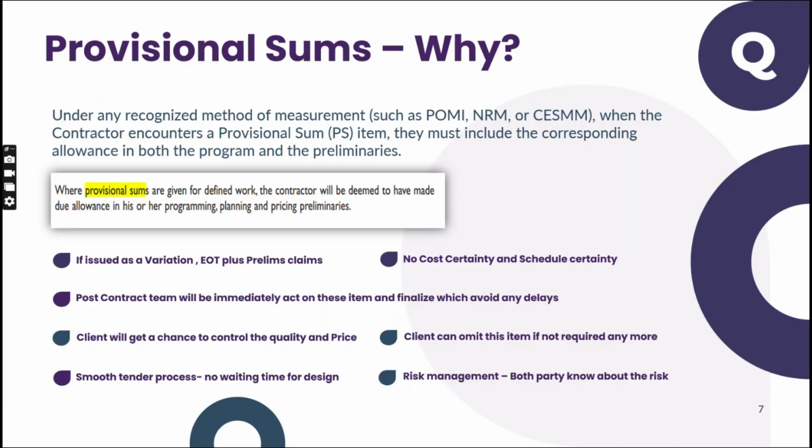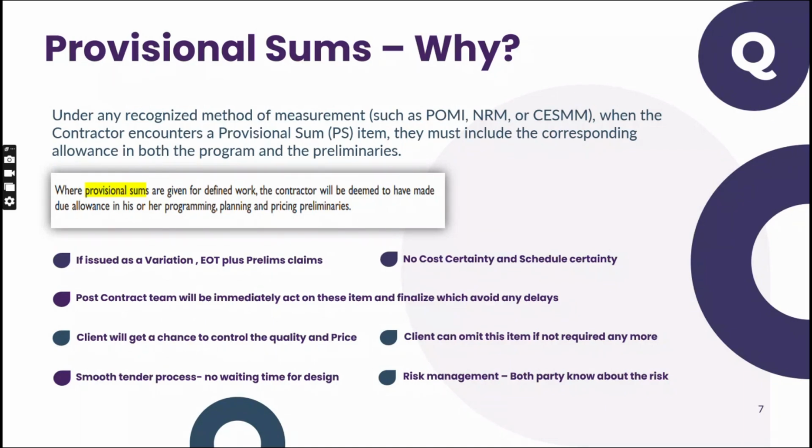If you are a main contractor, that means a civil contractor, and you see that there is an infra scope or a landscape scope in the PS item, when you price the prelims, your estimation department should price for the landscape designer, maybe landscape inspector, maybe infra inspector, infra engineer, infra manager.